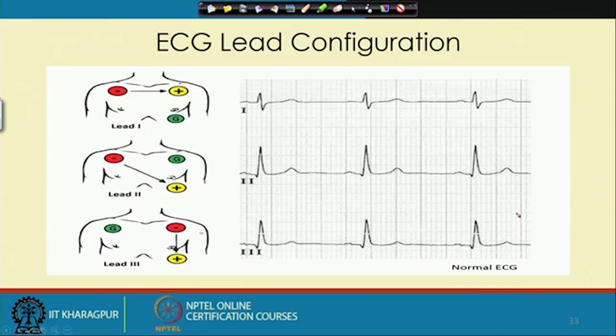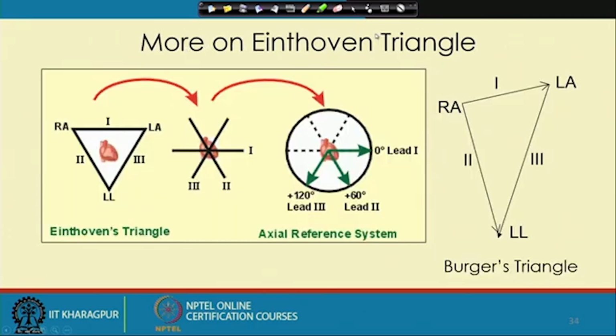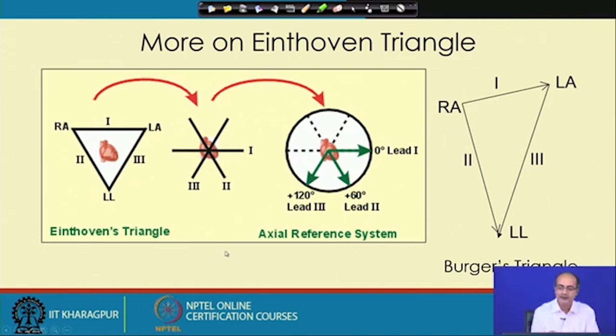The initial idea was that this triangle would be equilateral. The Einthoven triangle was postulated as an equilateral triangle, with all three sides the same, because it comes from a rotating field, and each makes a 120 degree angle.